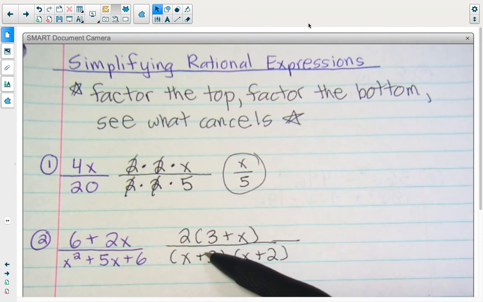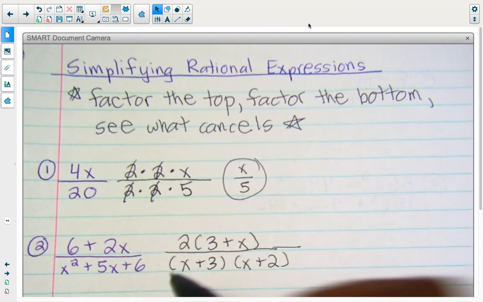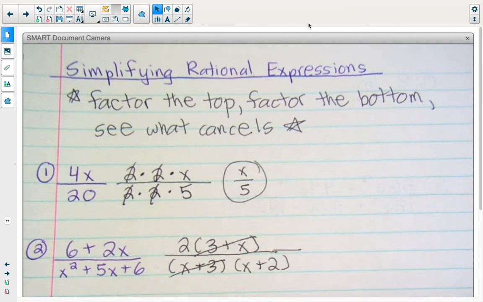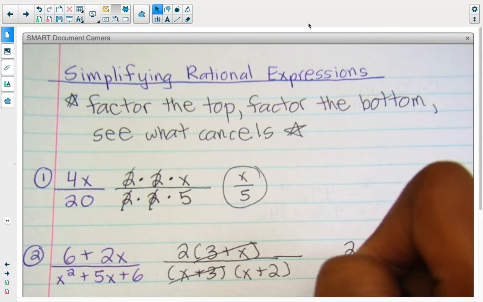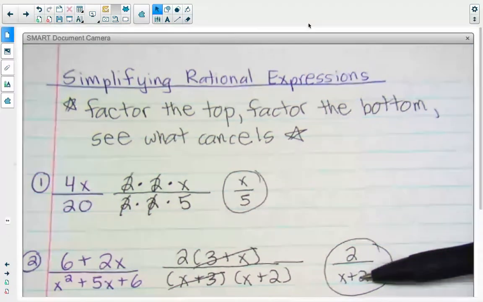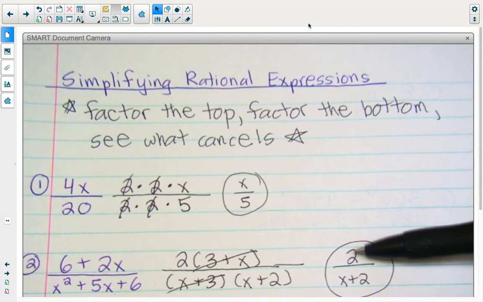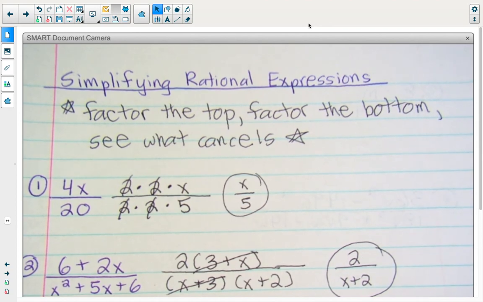I still have a positive 3 and a positive x. So the commutative property tells me that those are the same. So they're going to cancel out. So left on top is 2, and left on bottom is x plus 2. You can't cancel out these 2's because 1 is over addition, and you can only cancel things out that are being multiplied. So this is my final answer for number 2.